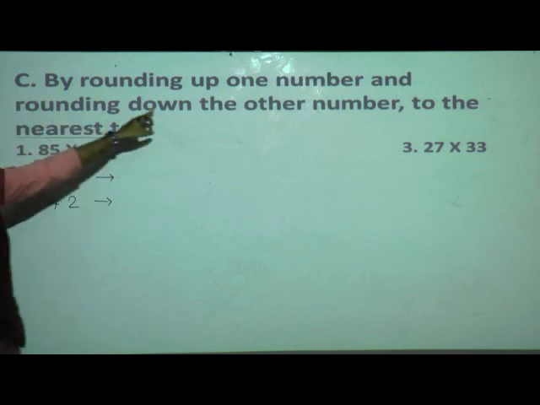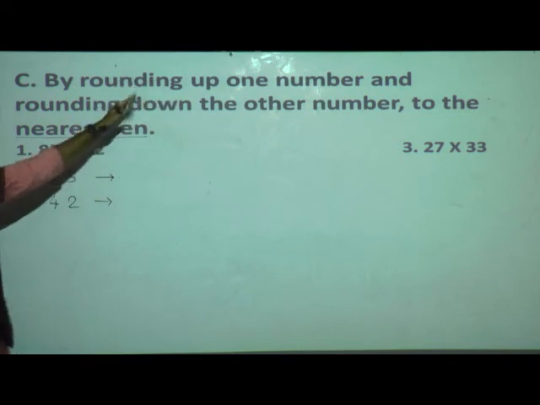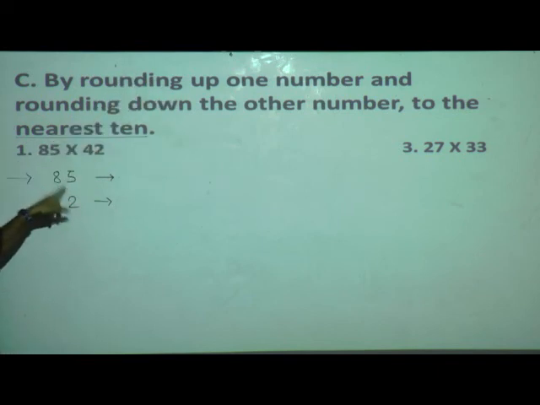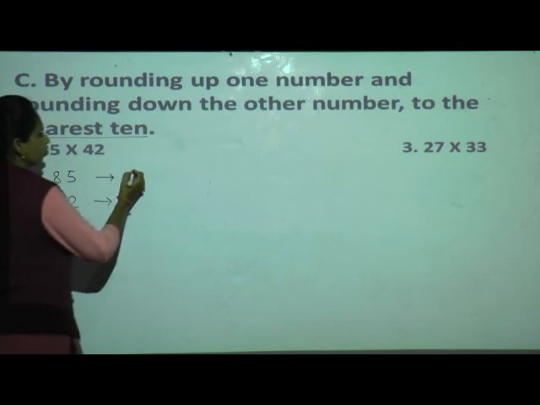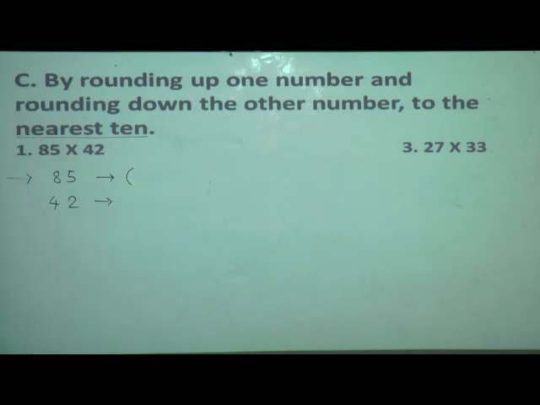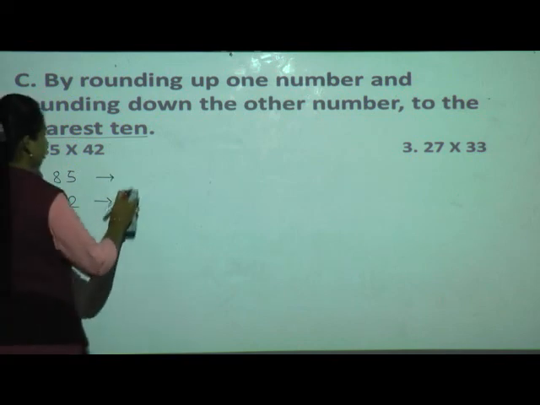By rounding up, one number should go up and one number should go down. Now see, 85. Now what we will do? 85, we will take rounding up. Okay, so what you have to do in that case? You have to write in bracket rounding up, but before that we will write the exact number.